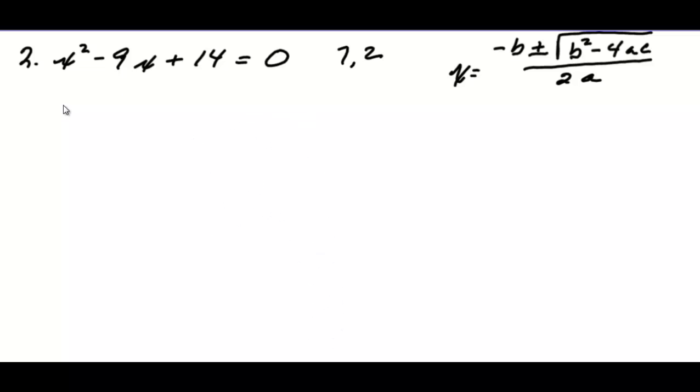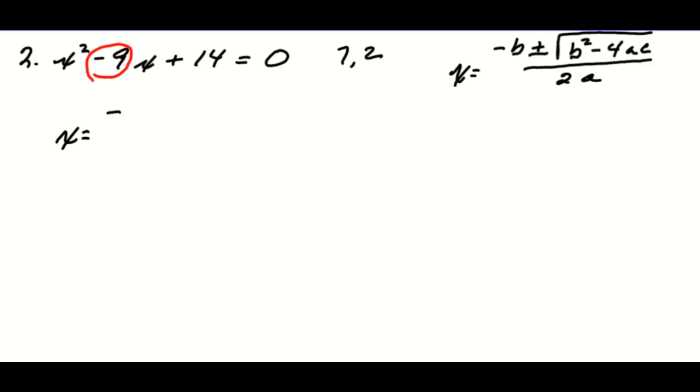Now we want to solve this using the quadratic formula. Using the quadratic formula, we put in x equals minus, and what is b? Well, b happens to be not just 9 but negative 9.